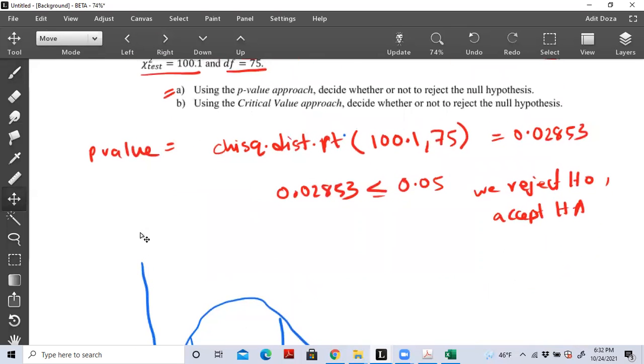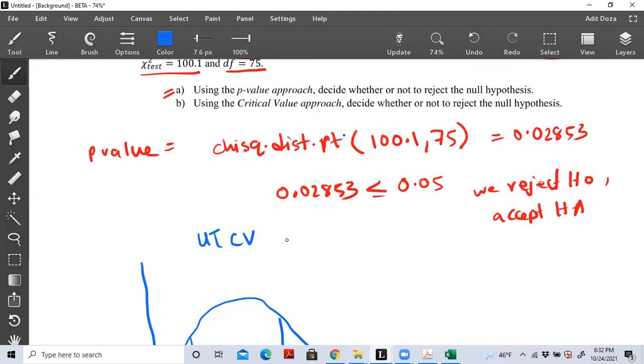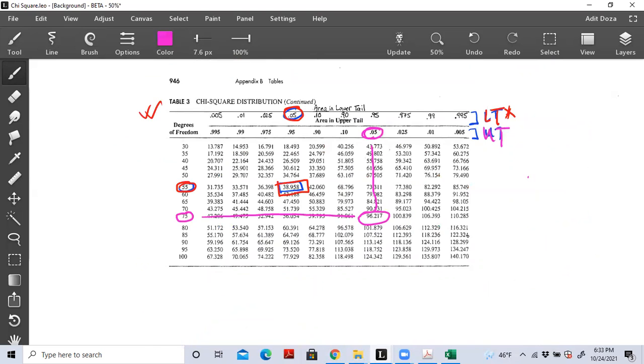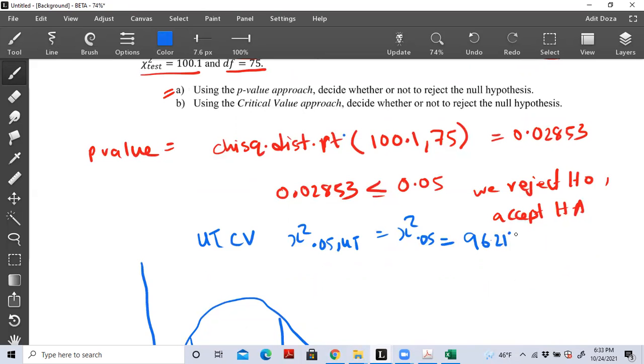So we found the upper tail critical value, right? Upper tail critical value, chi-square 0.05 UT, or you can say chi-square 0.05. The upper tail value is 96.217.